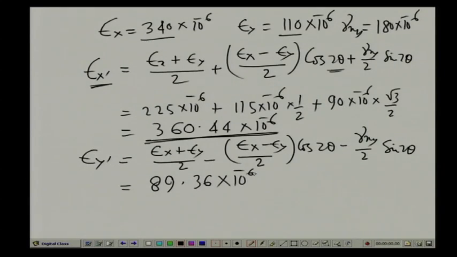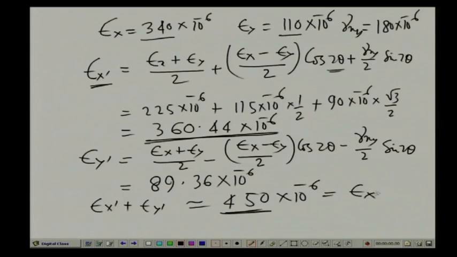So, if we add the values of epsilon x dash plus epsilon y dash, this will be approximately equal to 450. It should ideally equal 450 into 10 to the power minus 6, which equals epsilon x plus epsilon y. This we have seen earlier.